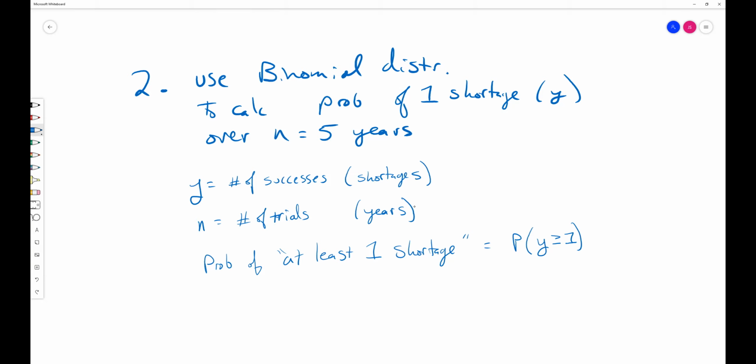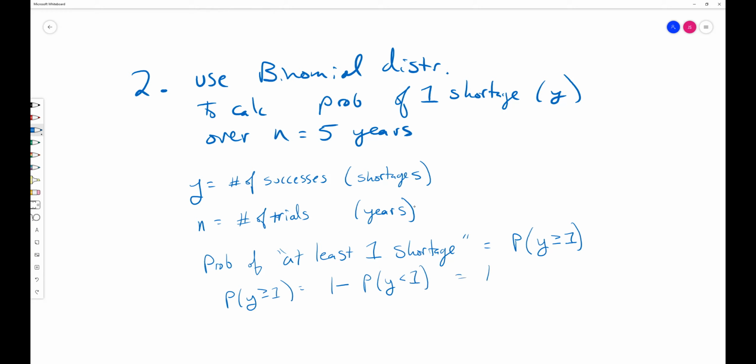So the way this works is we're going to flip it so that's a little bit easier. So the probability that y is greater than or equal to 1 is equal to 1 minus the probability that y is less than 1, right?